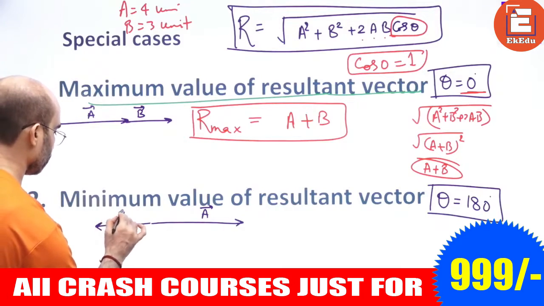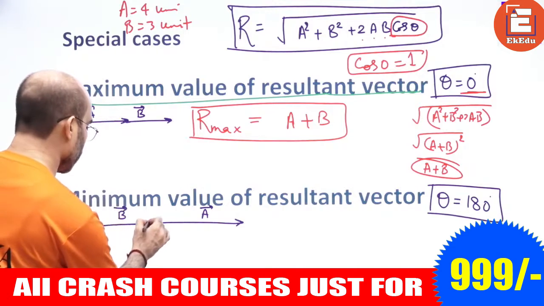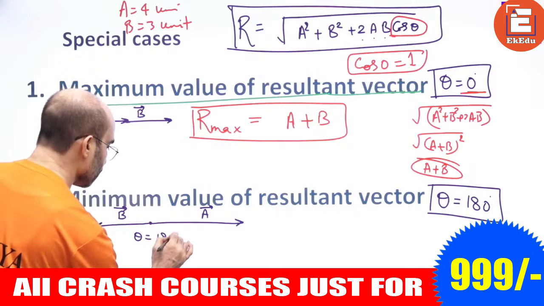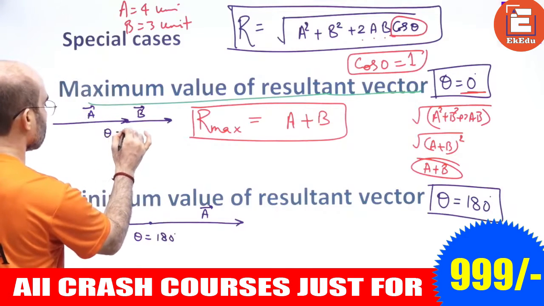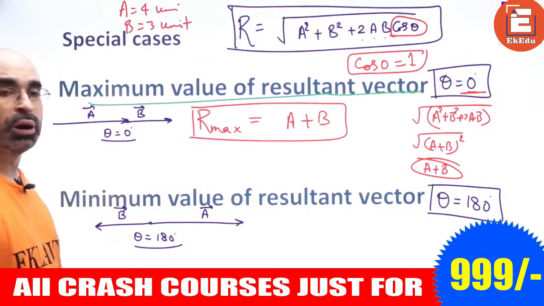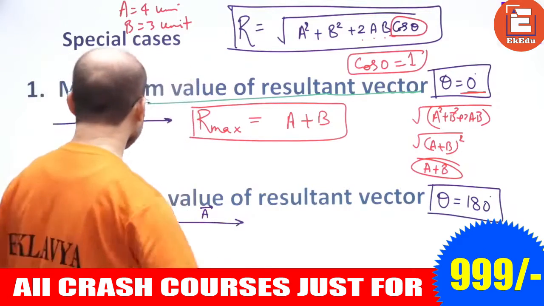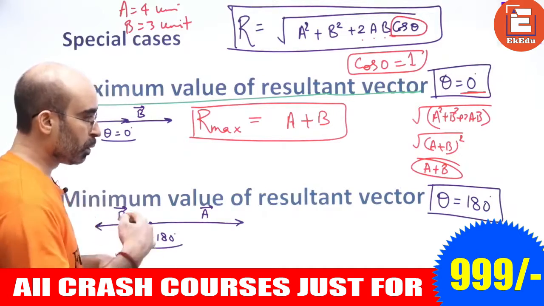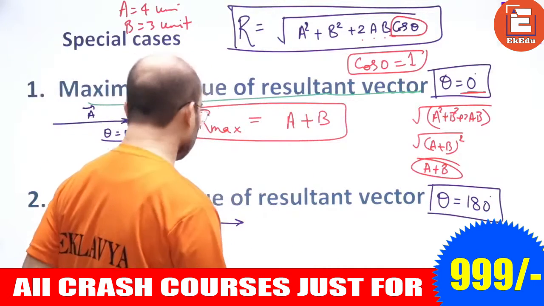So here you have theta equals 180 degree, and here theta equals 0 degree. In this scenario, the resultant vector will be what? Cos 180 degree is what?